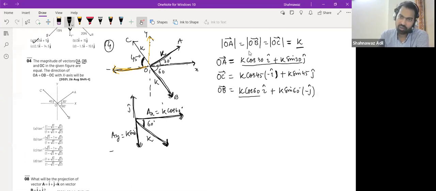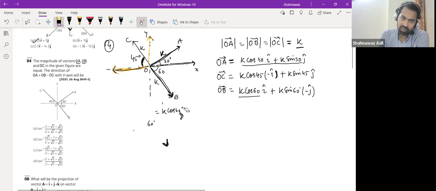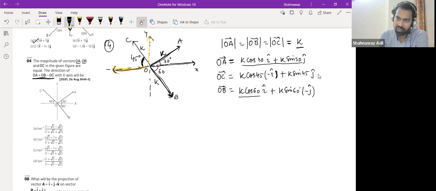Now we have calculated all the vectors, right? In which form? In the Cartesian form, so in the I and J form, so that we can find this vector. First, let us simplify this.